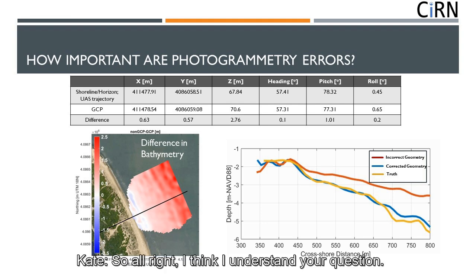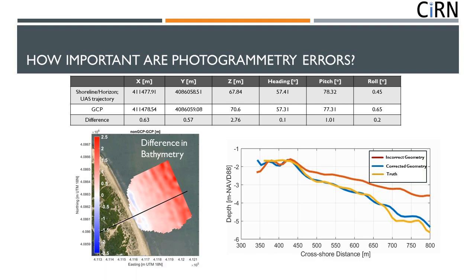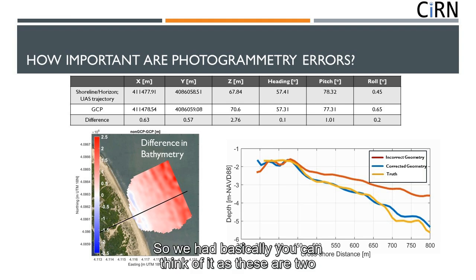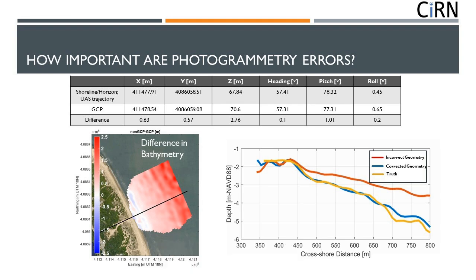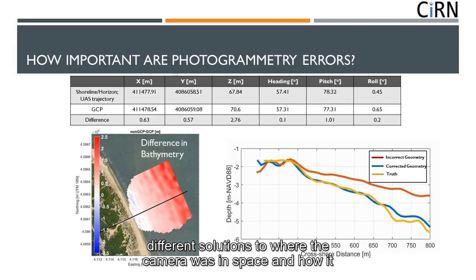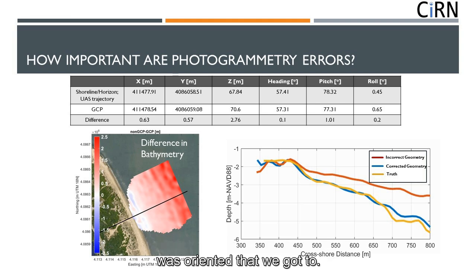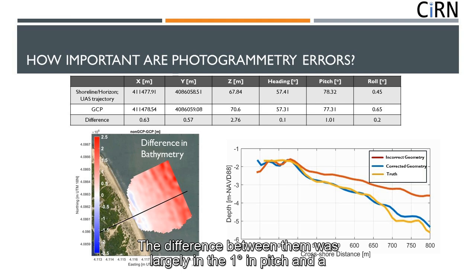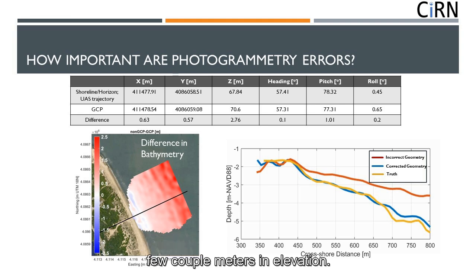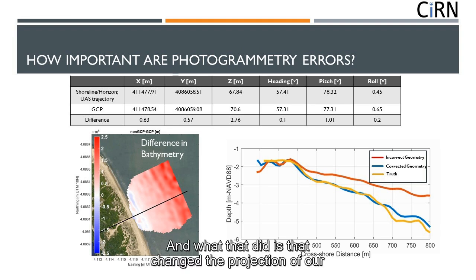So, all right, I think I understand your question. You can think of it as these are two different solutions to where the camera was in space and how it was oriented. These are two different solutions using different input parameters. The difference between them was largely the 1 degree in pitch and a couple meters in elevation. And what that did is that changed the projection of our image.